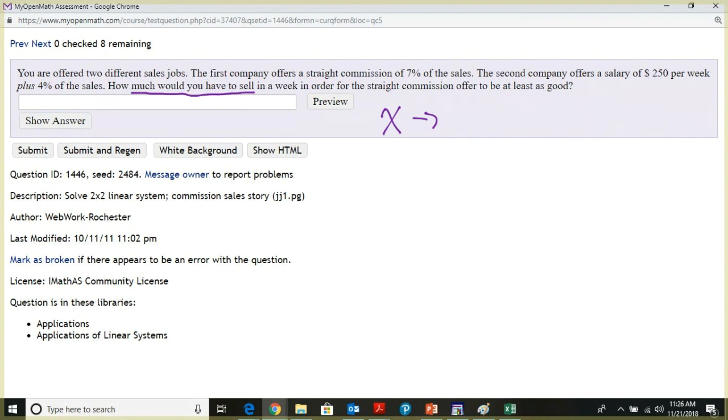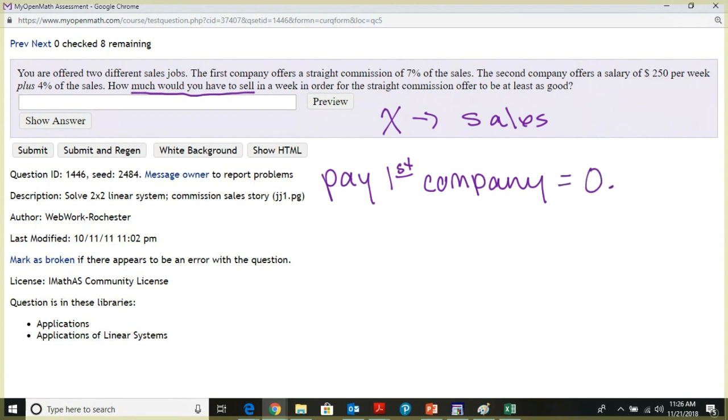So if we look at his pay from the first company, based on sales, he gets 7% of his sales, just flat out. So however much he sells, he's going to get 7%.